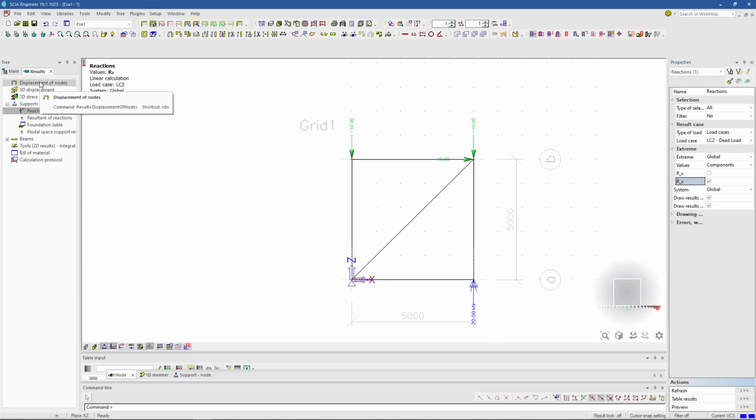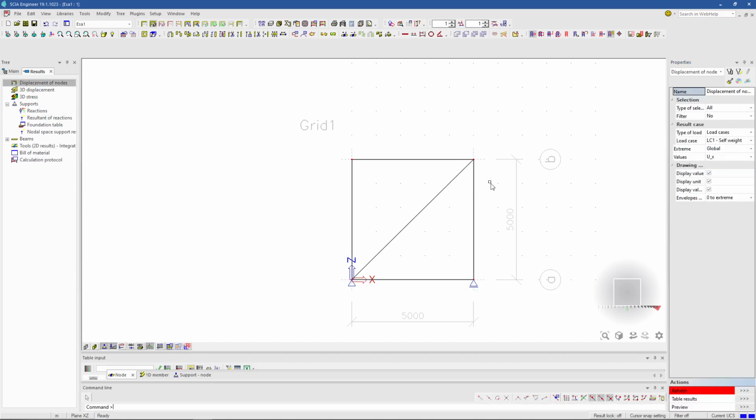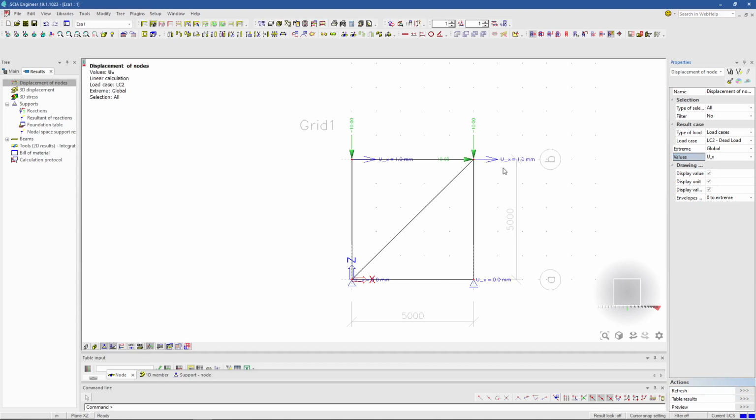Let's check the displacement of the nodes. Well, this you could suggest how it will move, in the X direction, very, very minimal.